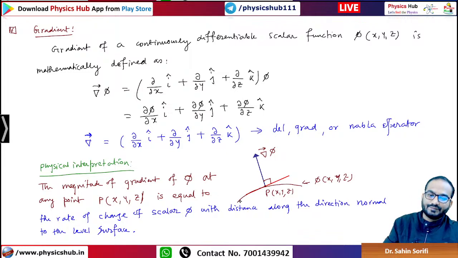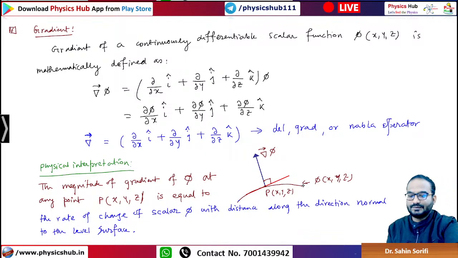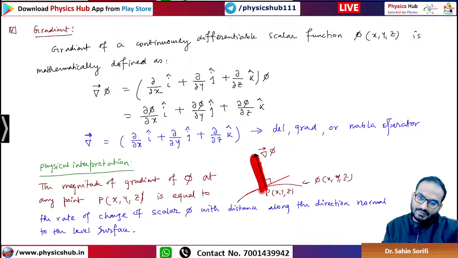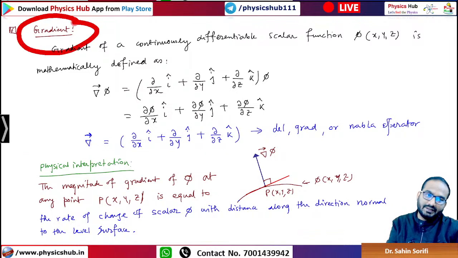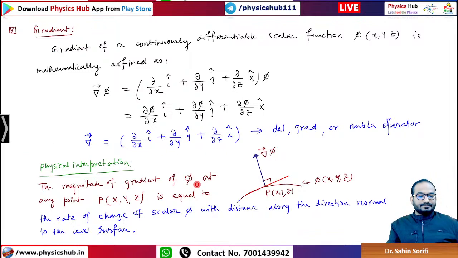So this is the level surface, and this is the normal. The change is happening along the normal direction. So this is the physical interpretation of gradient. One other thing, you note.